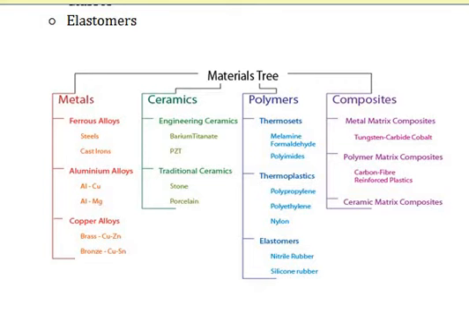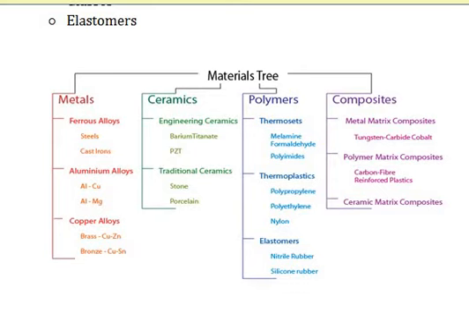Then, of course, there are elastomers such as the nitrile rubber, the silicone rubber, and so on and so forth. Then, of course, we already mentioned composites, and they are subdivided into metal matrix composites, which have the metal as the main component, and we have polymer matrix composites as well as ceramic matrix composites.